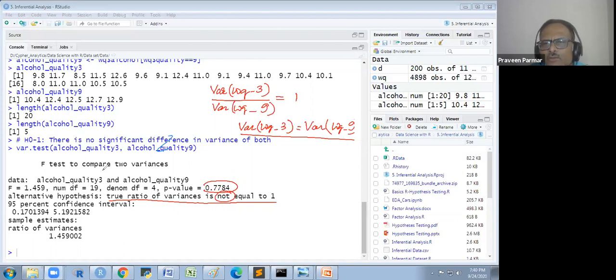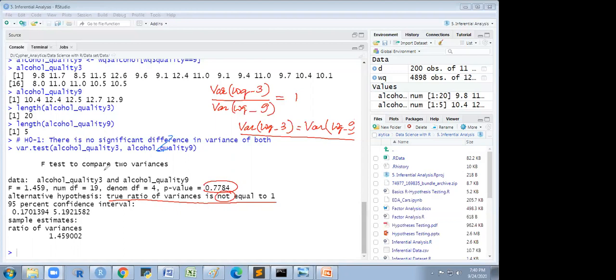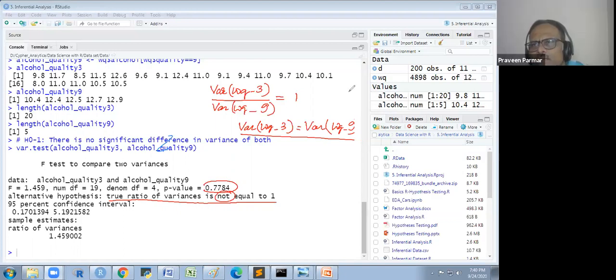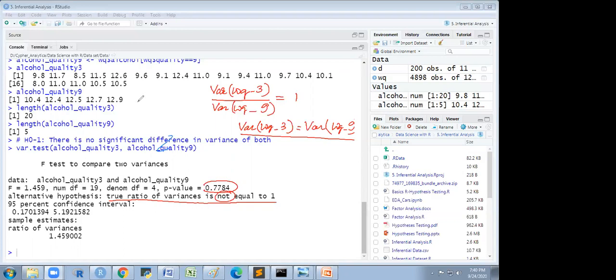Null hypothesis: there is no difference in the variance. One question: why are we checking if the variance is equal or not before proceeding with the test? Because for the t-test, I have written in my PPT that the spread should not be different. Then we could apply the parametric test.